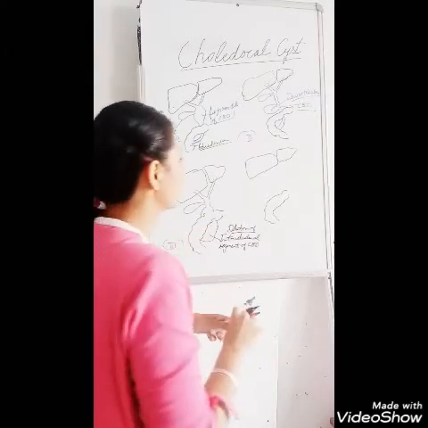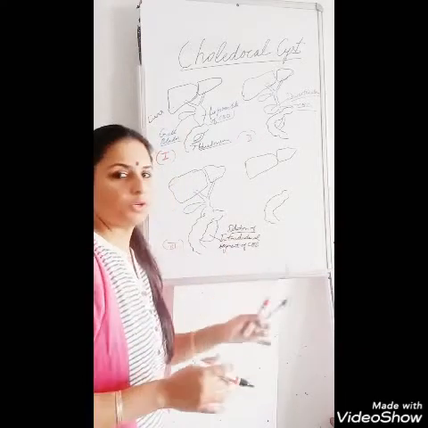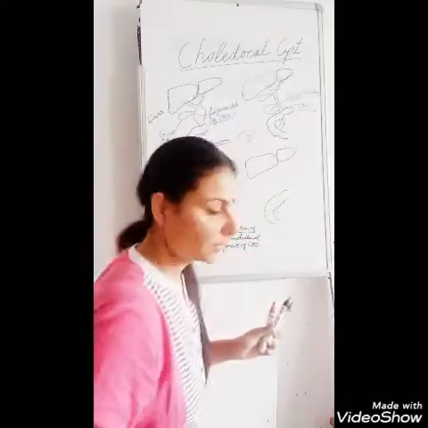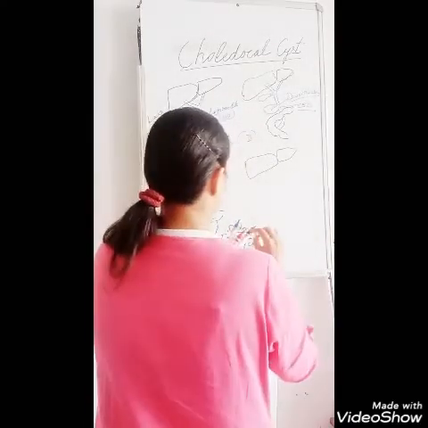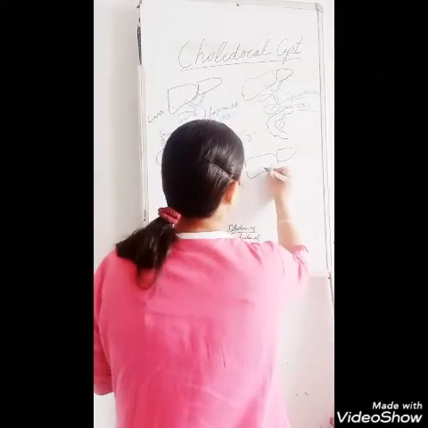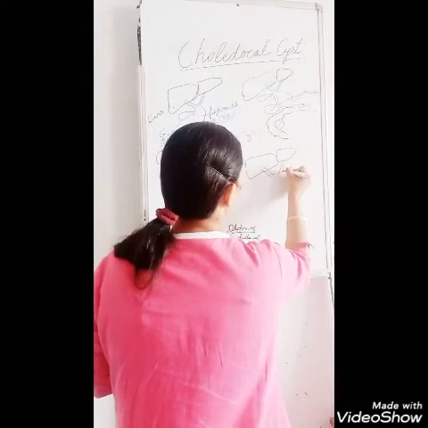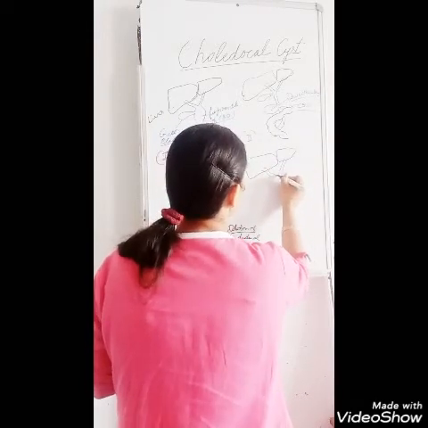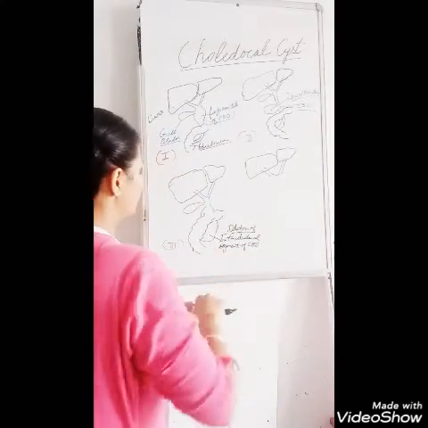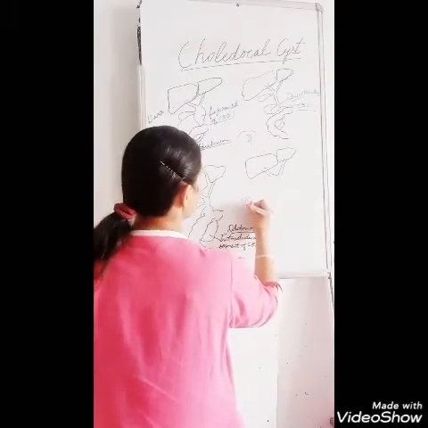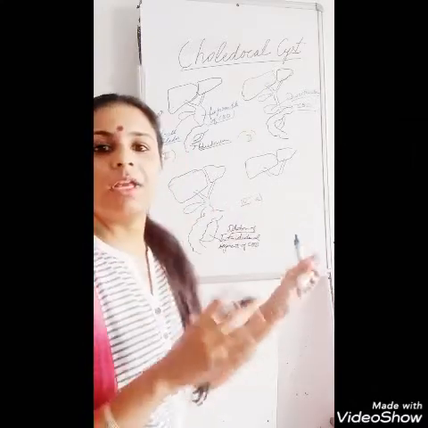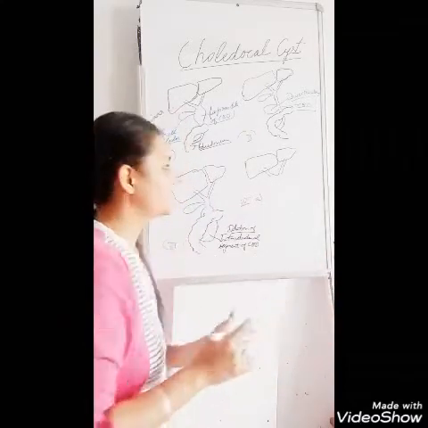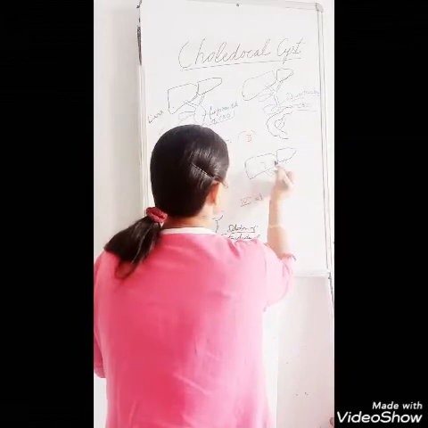The fourth is classified into two types, the A and the B. See, this is the hepatic ducts, intra and extra. So in the fourth classification A, there will be both intra and extrahepatic dilatations.